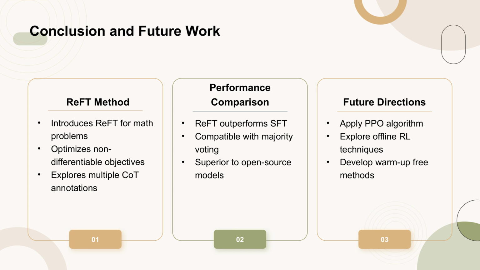Through extensive experiments on 3 datasets using 2 foundation models, ReFT has been shown to outperform SFT in terms of both performance and generalization ability. Additionally, ReFT is compatible with techniques such as majority voting and reward model re-ranking.